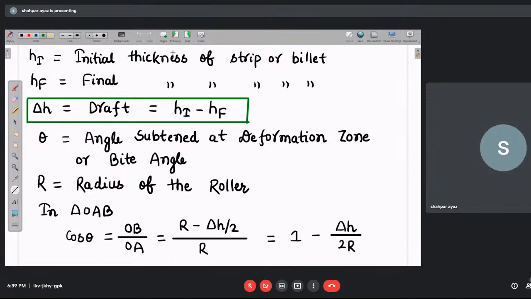Done, done, done. Have you noted down? Naveen, Mukul, all of you, tell me. Bite angle, how to find out the bite angle? I hope this is clear.